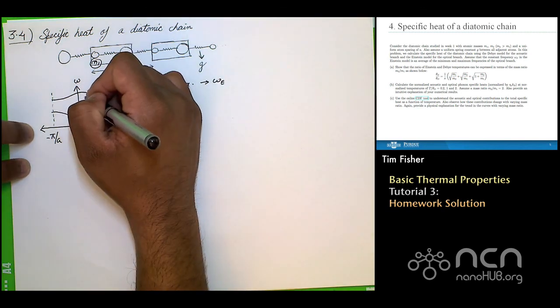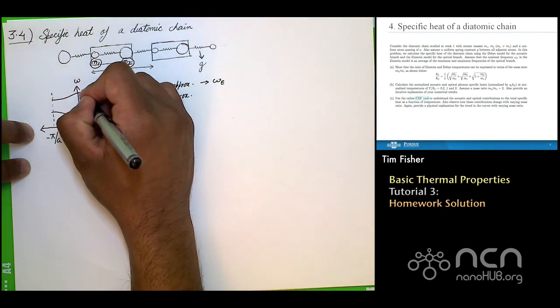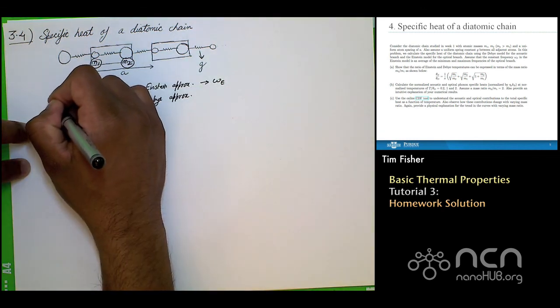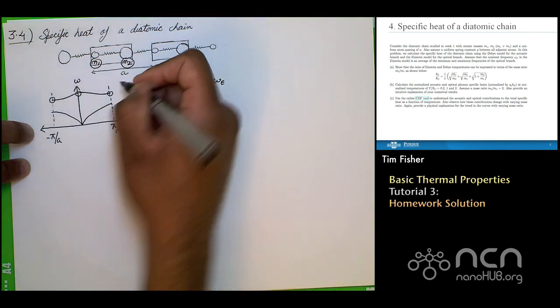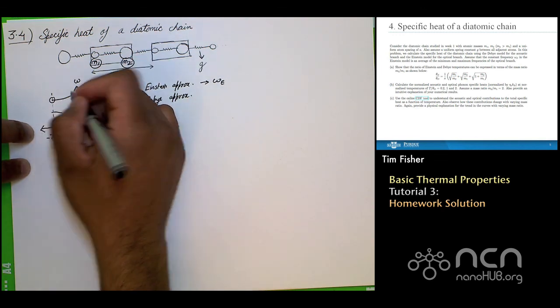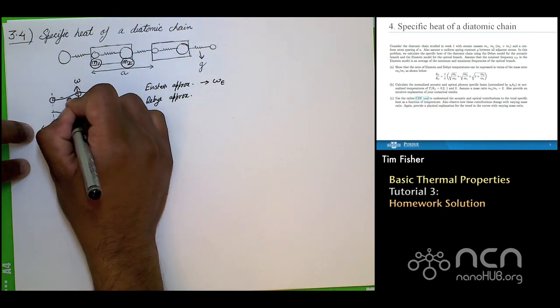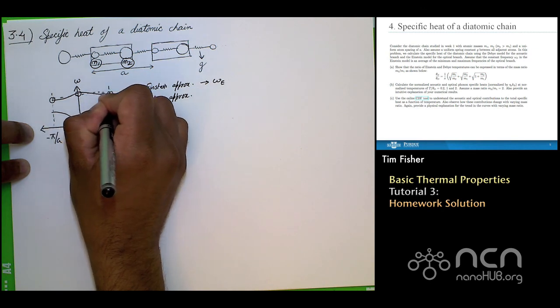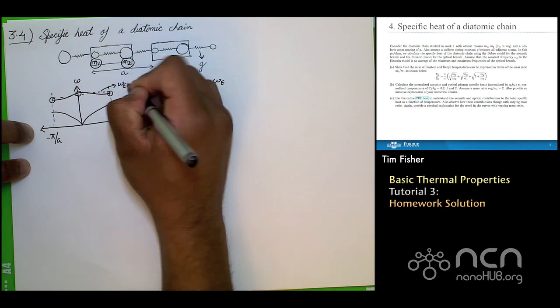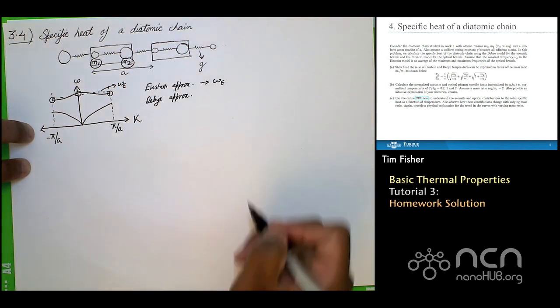So if we observe this optical phonon branch, the maximum frequency occurs at the center of the Brillouin zone, whereas the minimum frequencies occur at the end of the Brillouin zone. And if I take the average of the maximum and the minimum frequencies, I'll observe a frequency which lies somewhere in between, and this frequency can be denoted as omega sub E, which is the Einstein frequency.